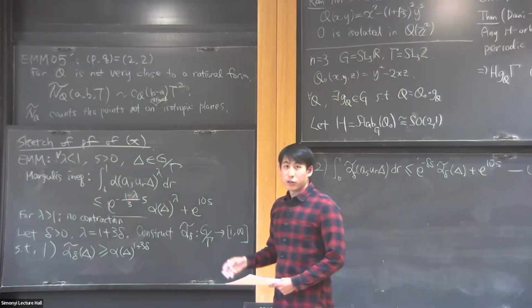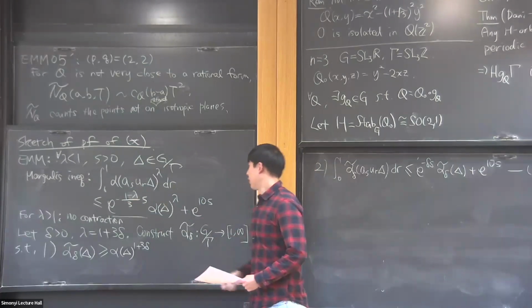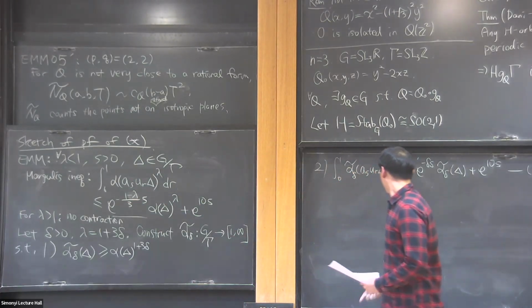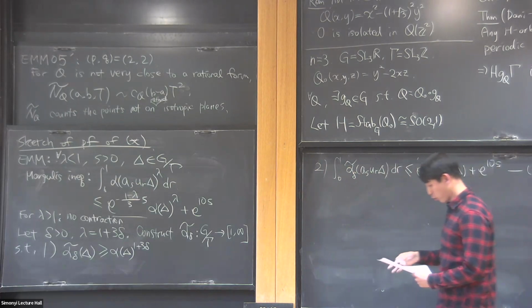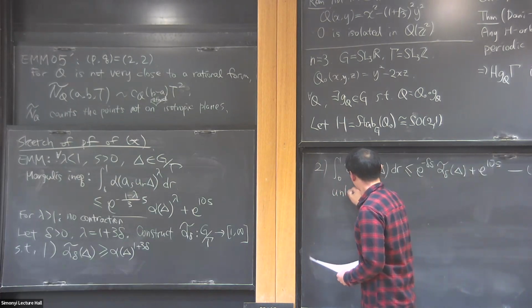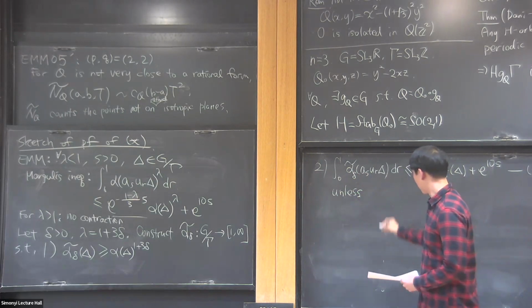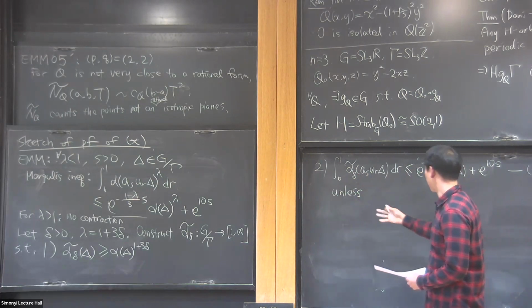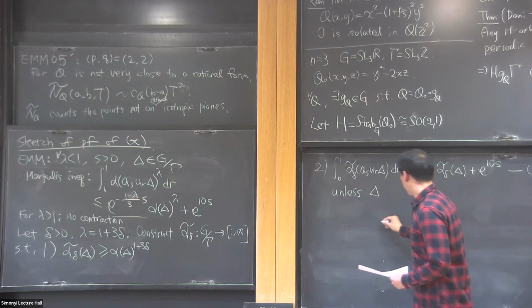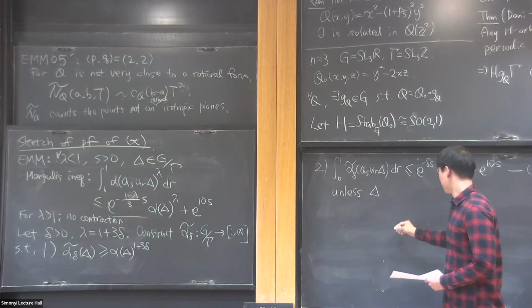Margulis inequality doesn't hold for lambda bigger than 1, so there should be some cost. So this estimate holds except for delta contained in some exceptional set.